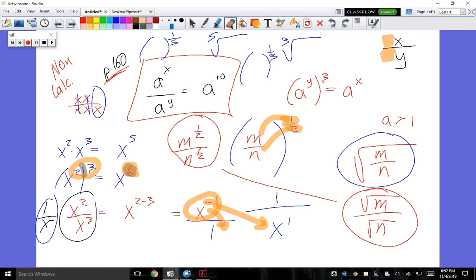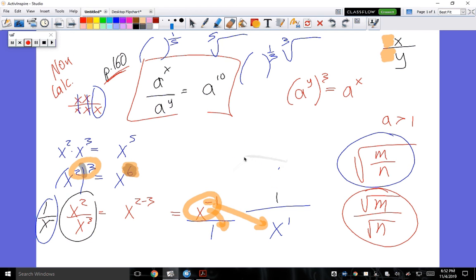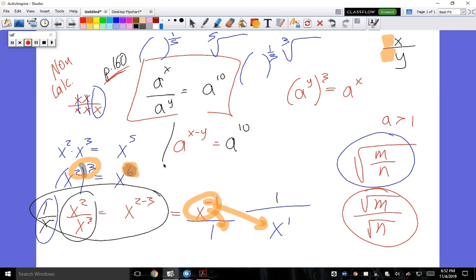So here we go. Let's go ahead and solve it out. a to the power of x divided by a to the power of y will equal this, from our property that we got down here. Are we good? From there, this property will help us with this piece.